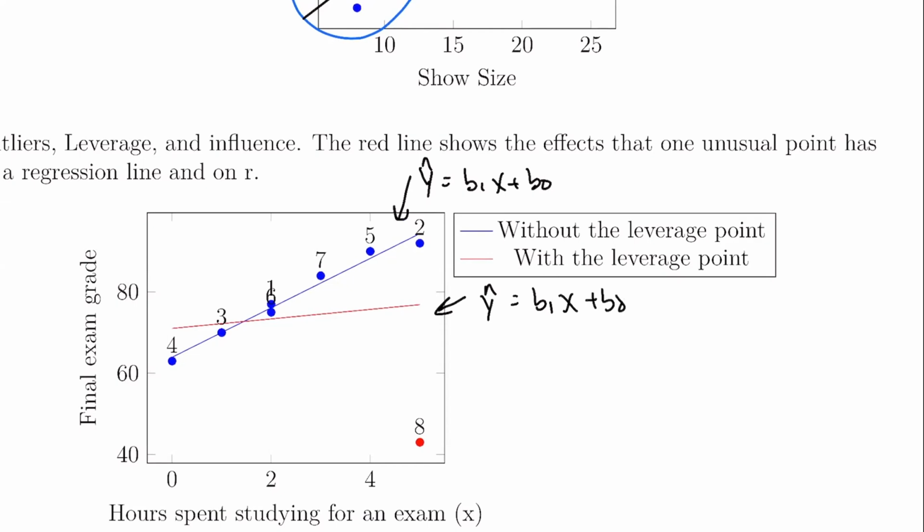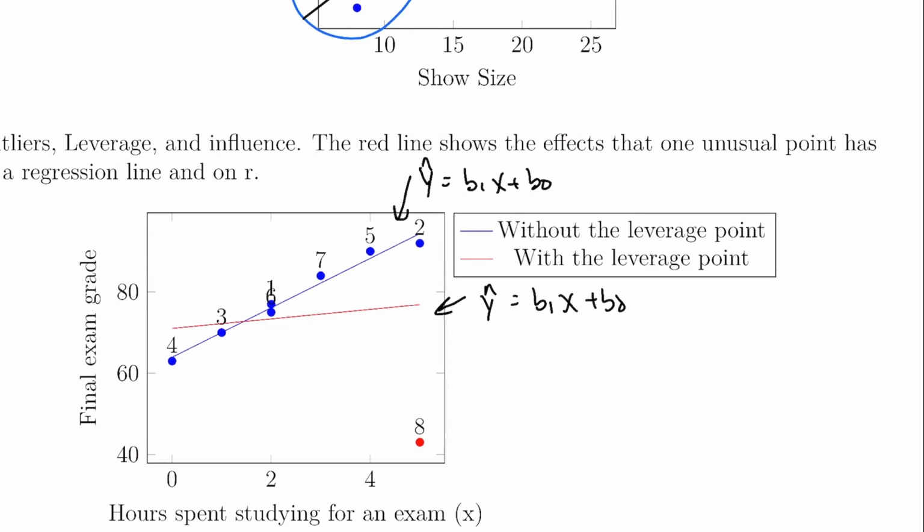Based off of just looking at the red line and the blue line, did the red line drastically change once we introduce the influential point? Cool, yeah.